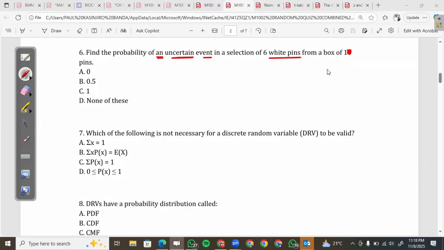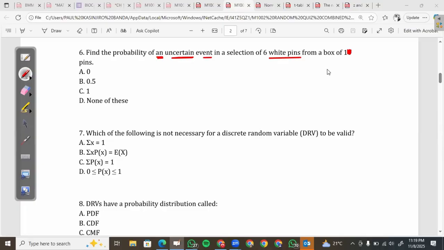I think it's supposed to be zero since it's uncertain. It's not known. Wait, when we say uncertain, don't we mean the probability is zero? If you are sure that this is not going to happen, then the probability is zero, right?